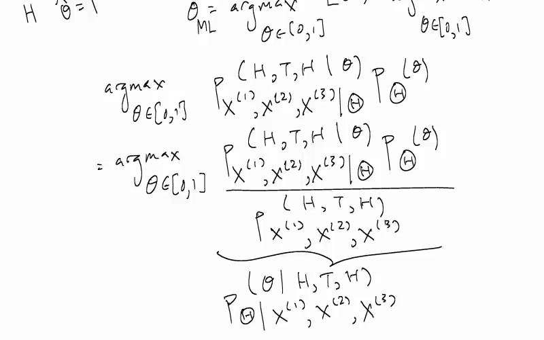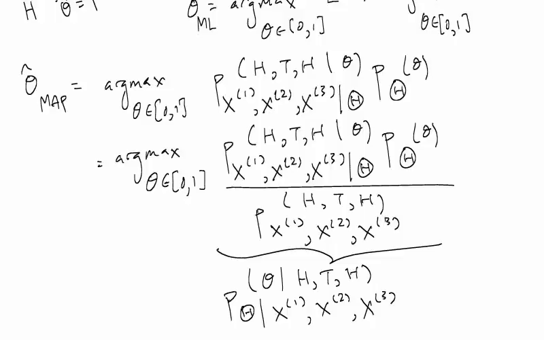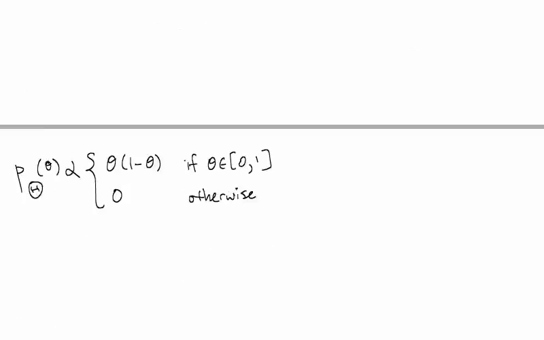So we're doing an argmax over theta of the posterior. And we've seen this before. This is just theta hat MAP, for maximum a posteriori. So I'm now going to show you two examples of this prior and work out what theta hat MAP is.